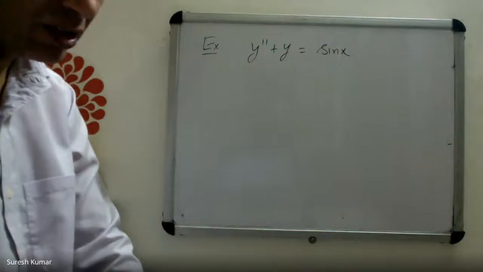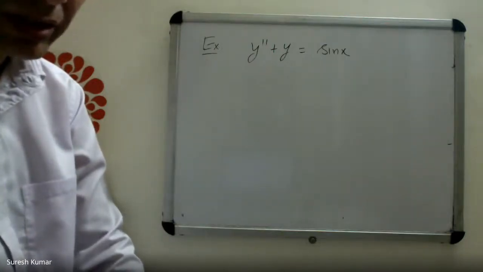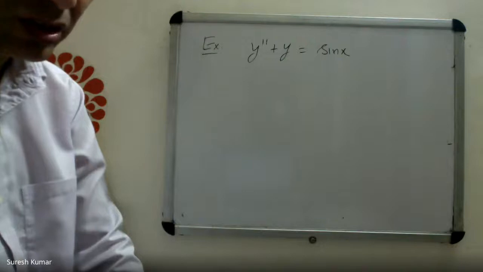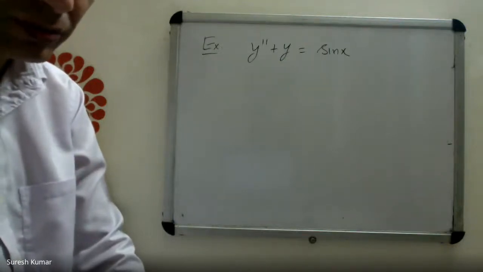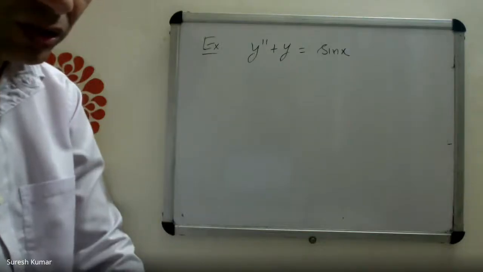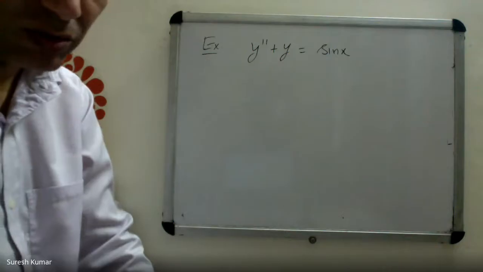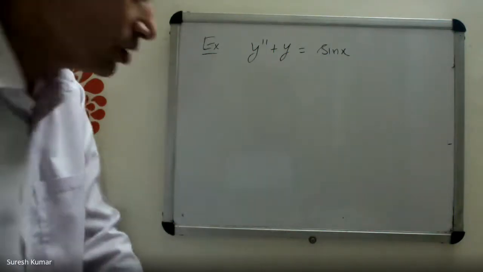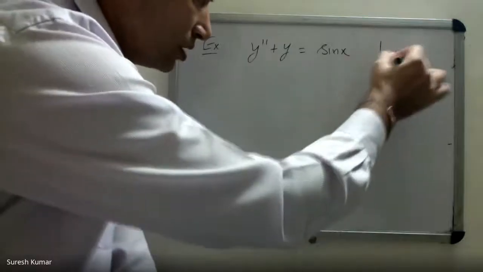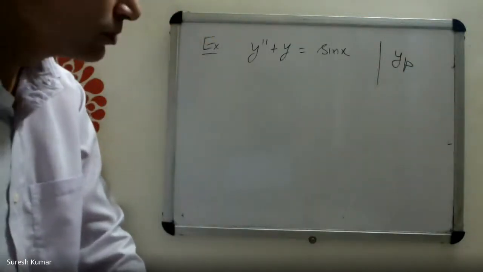Remember that the method of undetermined coefficients calculates the particular integral. It doesn't give you the solution of the corresponding homogeneous equation. For finding that, you need to apply some of the earlier methods. The method of undetermined coefficients is purely to find yp, not yh. It should be clear to you.